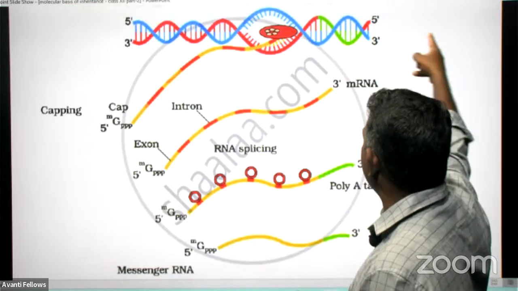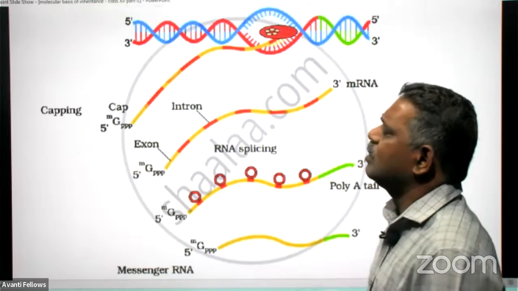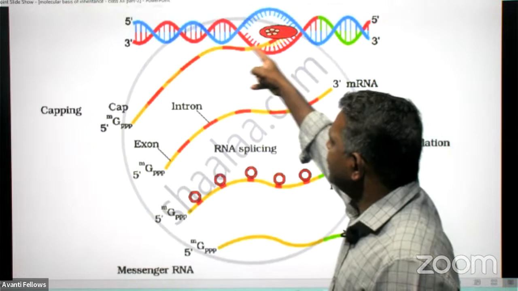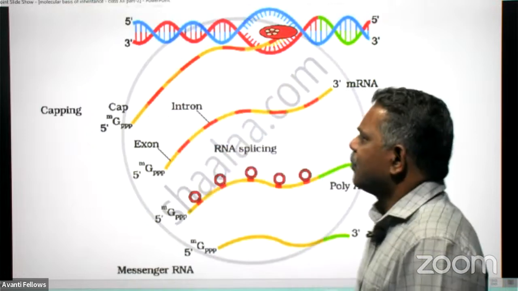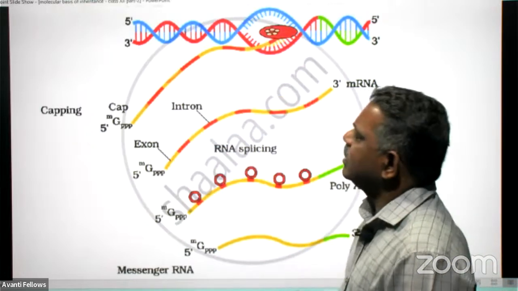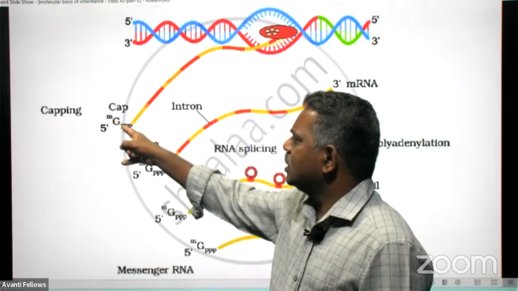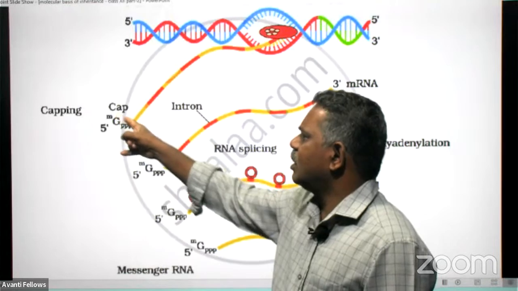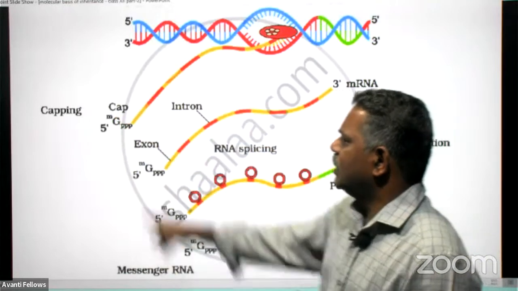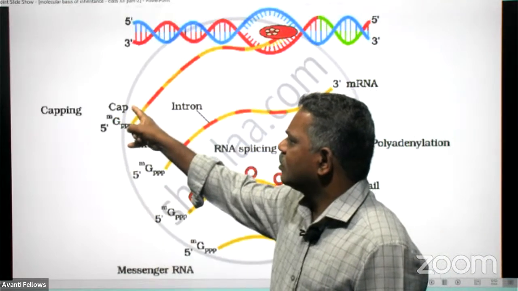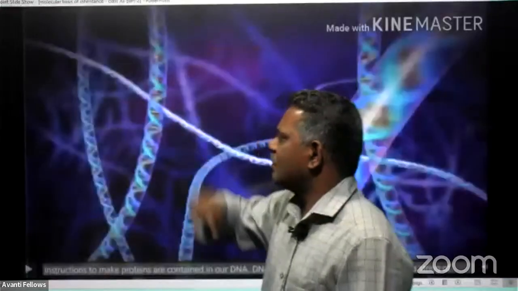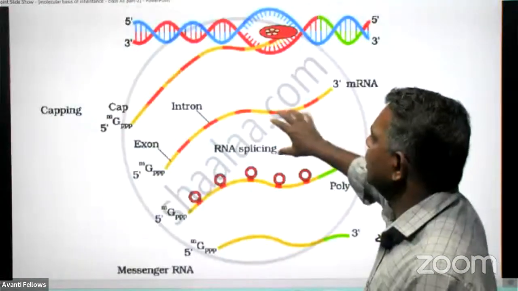This is the direction of elongation of the new RNA. Whenever this 5' end comes out from the double-stranded DNA, it is naturally attached with a methylated guanosine triphosphate molecule at the 5' end, and that we call the cap.